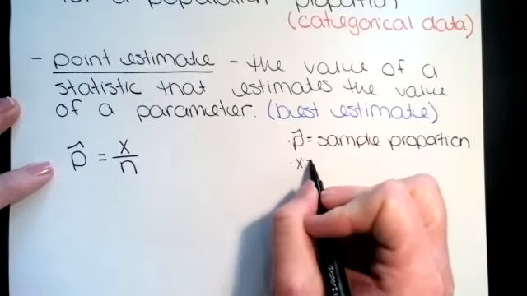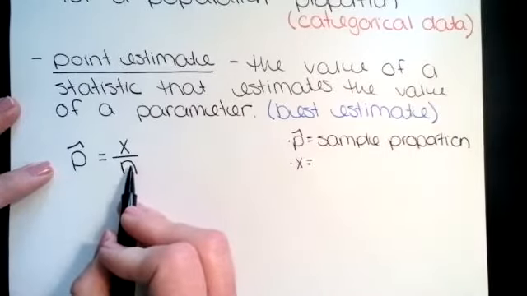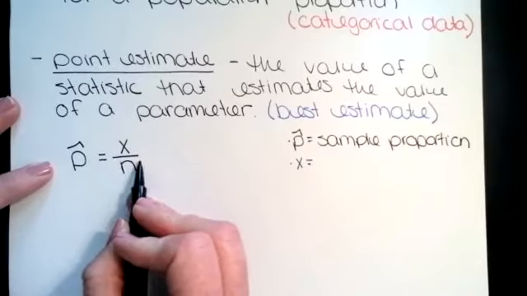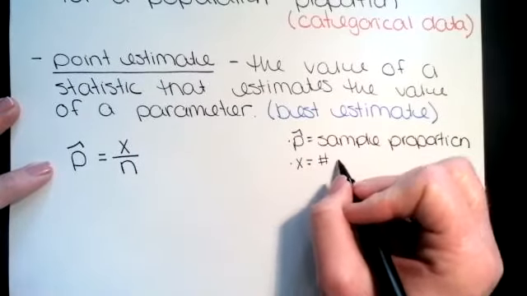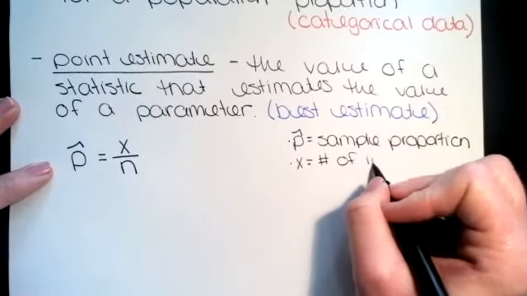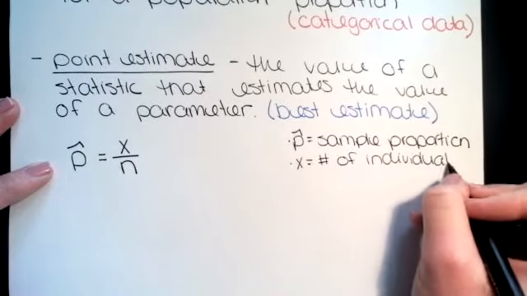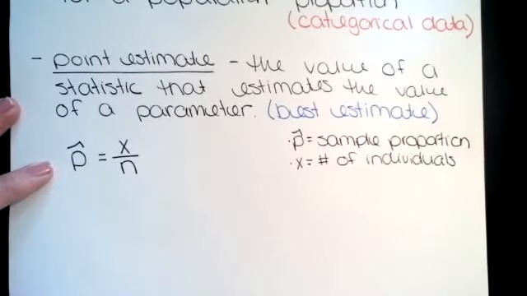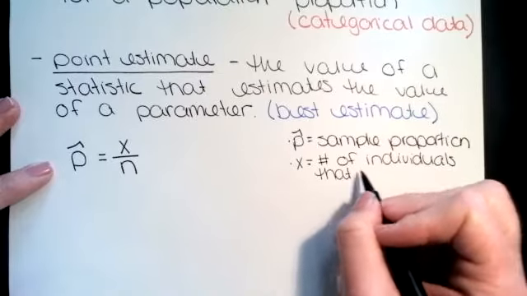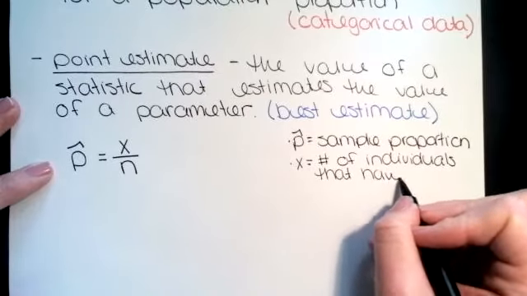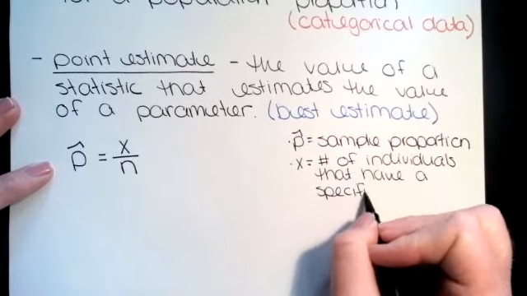How I calculate p hat, and we didn't have to do this last week, we calculate p hat by taking x divided by n. So x is the number of people that said yes to our question, or we can say it's the number of individuals. I don't like to say people because we're not always studying people, right? It's the number of individuals that have what we call a specified characteristic.